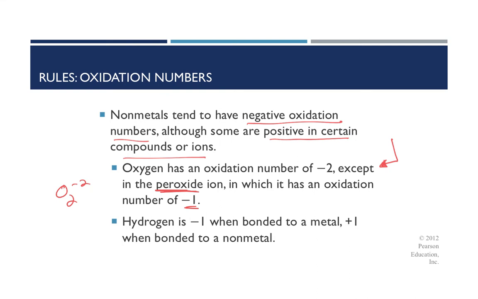Hydrogen has an oxidation number of -1 when it's bonded to a metal, and +1 when it's bonded to a nonmetal. So, for example, in HCl, that's bonded to a nonmetal, it would have a +1 oxidation number. Sodium hydride, it would have a -1 because it's bonded to a metal.